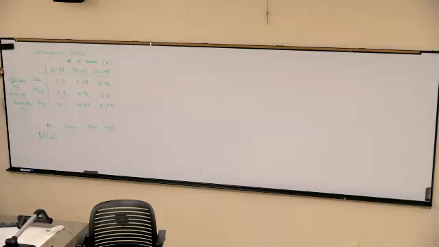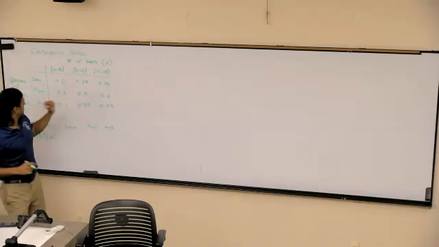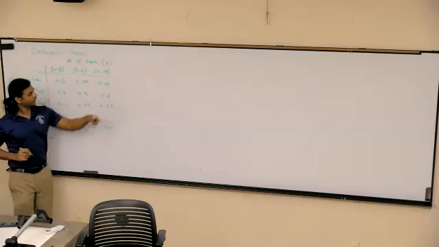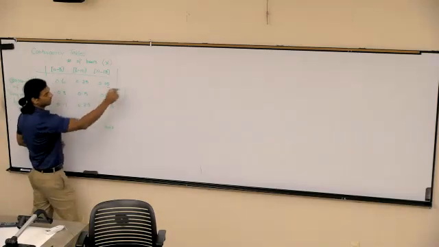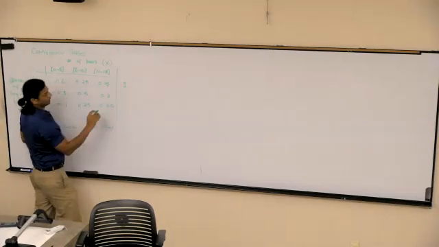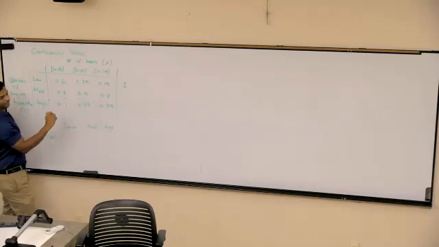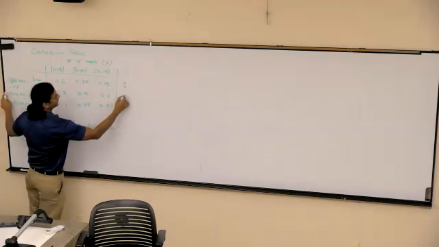But there is an issue here. When I add the low, the medium, and the high, what would the sum of those be? 1. Each row adds to 1, each column adds to 1.